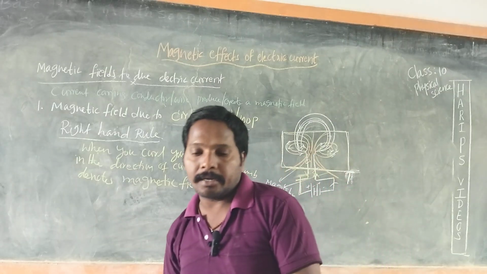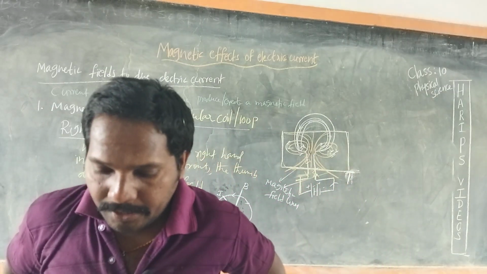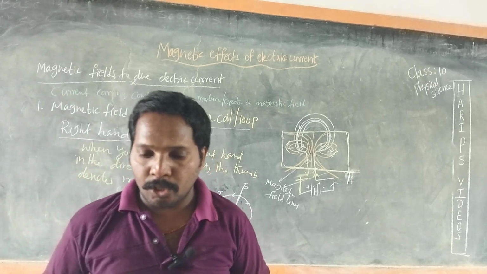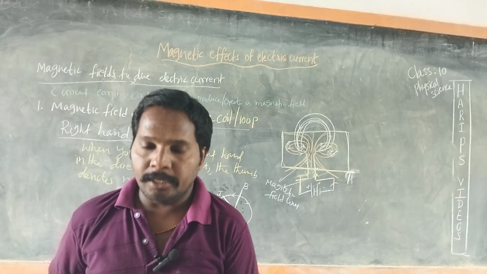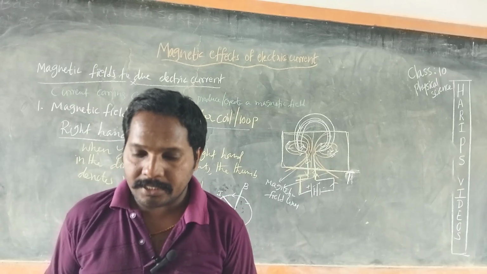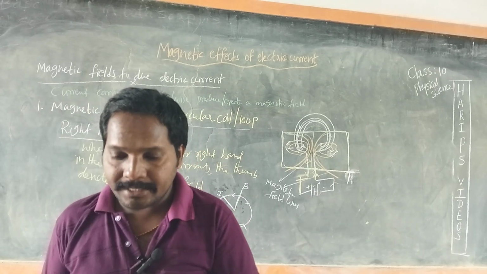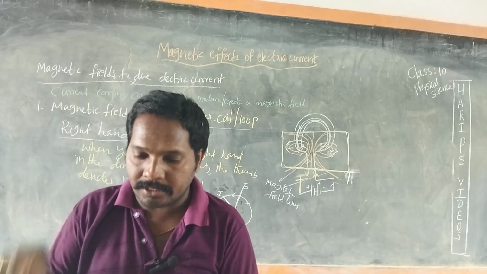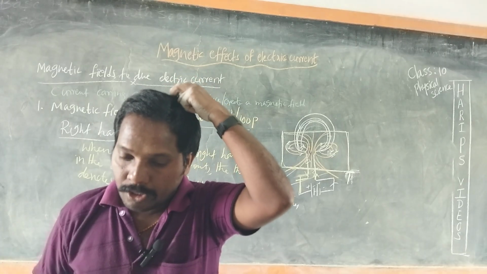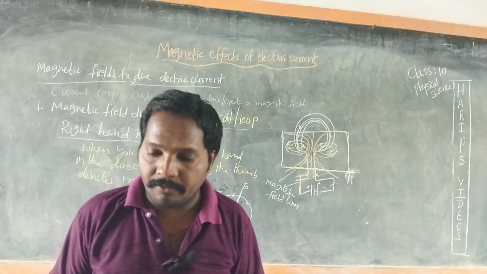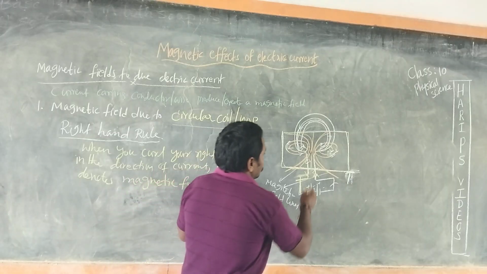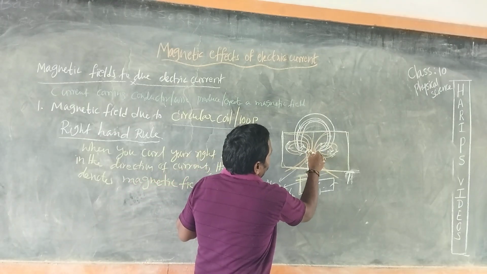So by applying the right hand thumb rule, it can be seen that every segment of a circular loop carrying current produces magnetic field lines in the same direction within the loop. At the center of the circular loop, all the magnetic field lines are in the same direction and aid each other, due to which the strength of the magnetic field increases.